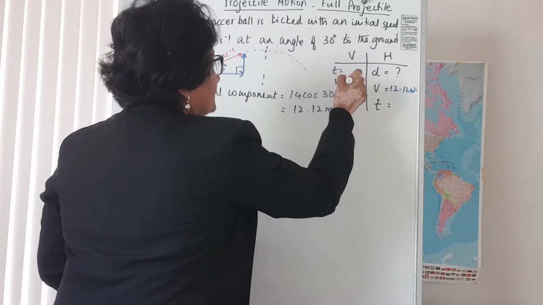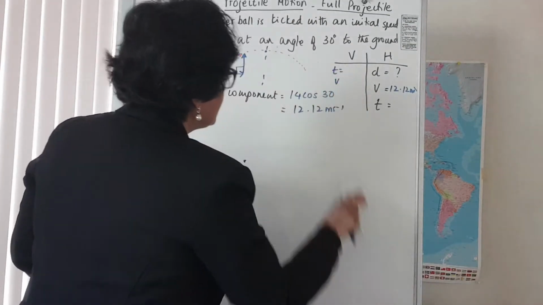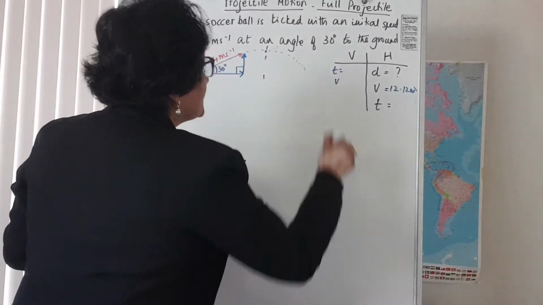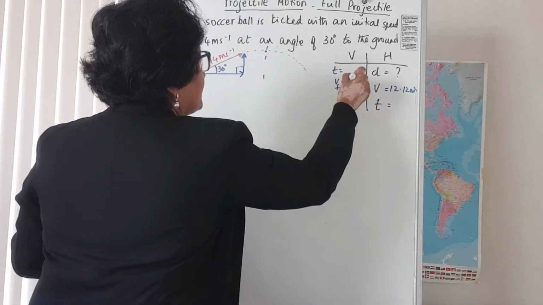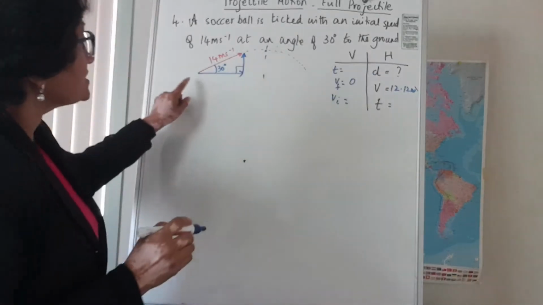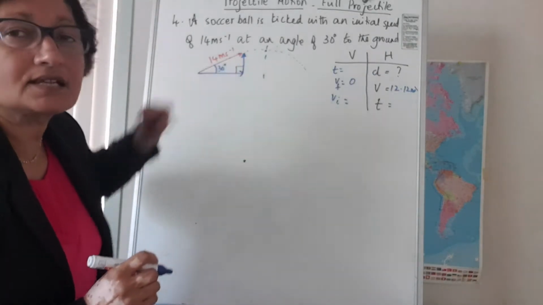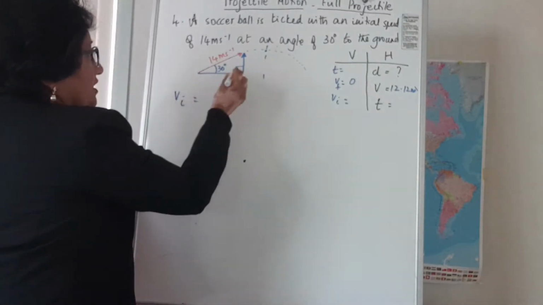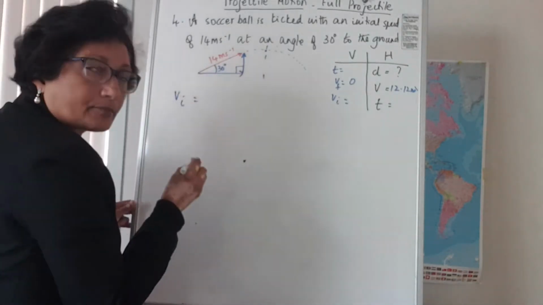So the vertical velocity at the top, I'm just going to rub this out. You have that information there: the velocity at the top, Vf, is 0. We do not know Vi, but it's possible to get Vi by getting the vertical component of the velocity. The vertical component is your opposite, and that's your hypotenuse.